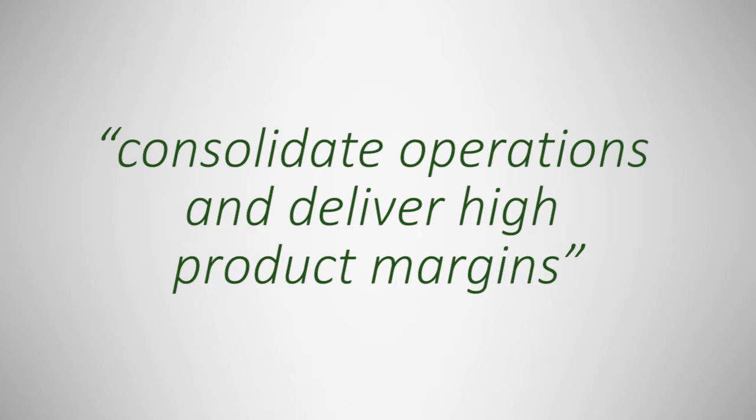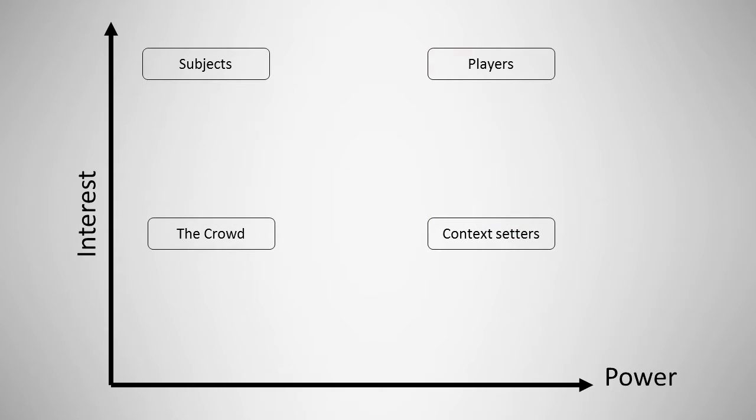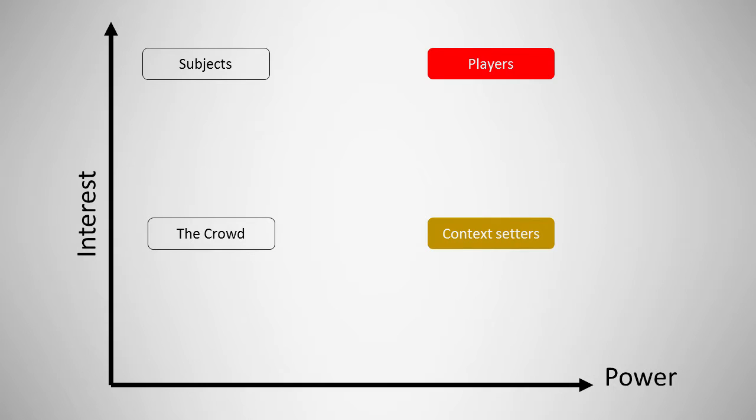You also want to evaluate whether the theme is consistent with stakeholder expectations. Your stakeholders, who are players or context setters in your power interest map, have an ability to influence the company's strategy and so must be considered. As you are entering a new market, you will have considered the mode of entry. Does this mode change the way you operate in the industry value chain?